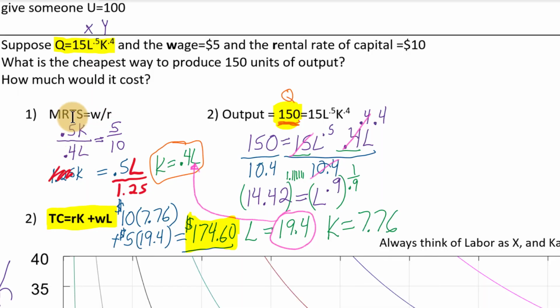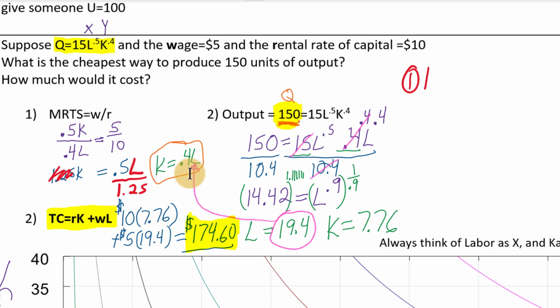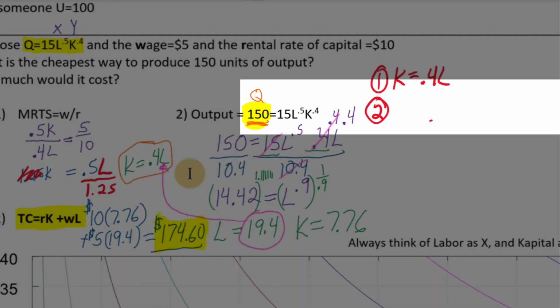So instead of starting from scratch, we just take this, the prices aren't changing, and the production function isn't changing, and we would say, okay, we simplified that down to K equals 0.4 L. So equation 1 is just going to be K equals 0.4 L. And then equation 2, if we wanted to solve this for lots of different output levels, is just going to be, okay, fill in your output level, equals 15 times L to the 0.5 times K to the 0.4.